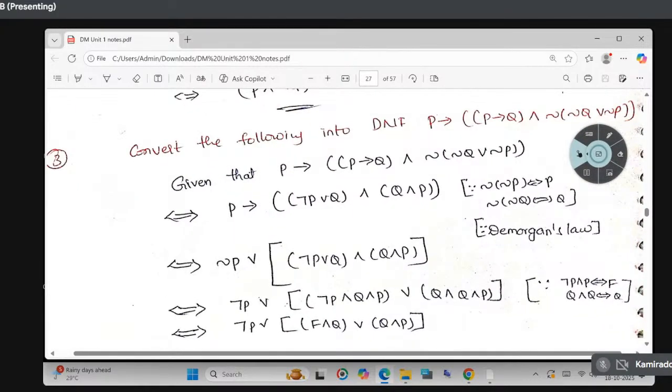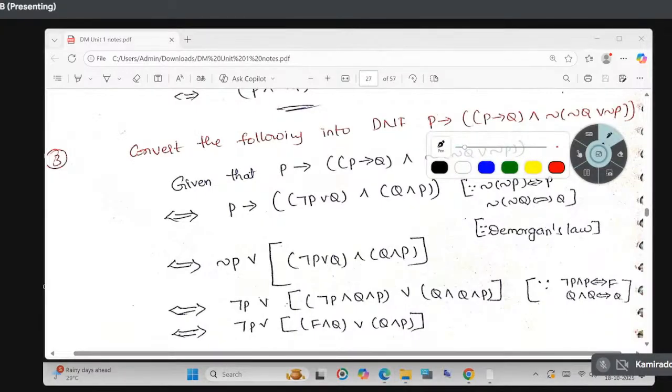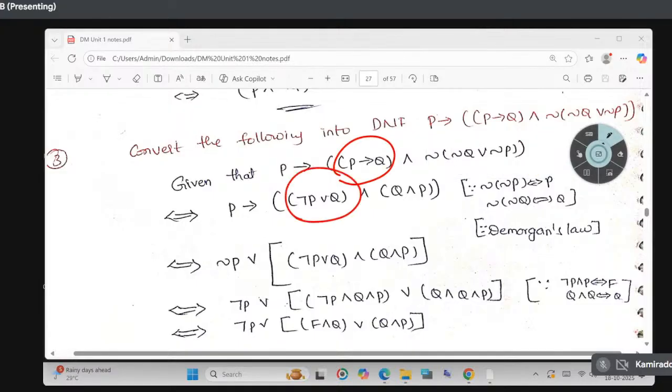Right. See, negation of negation Q and negation P. What I am doing is converting this particular P implies Q into negation P or Q. The first step is done. And I am applying double negation here, for this term, converting the or form into the and form.